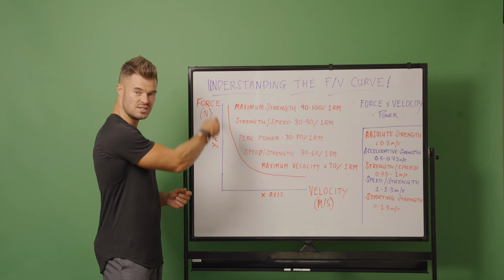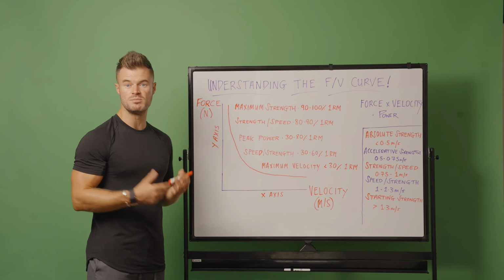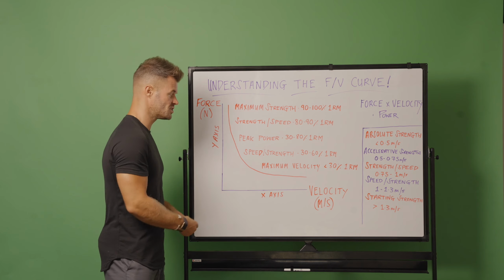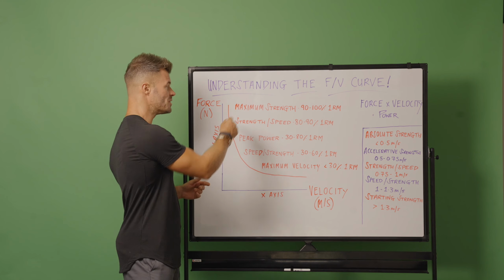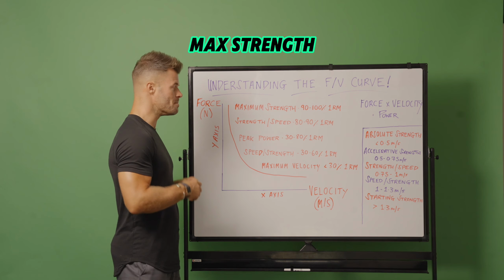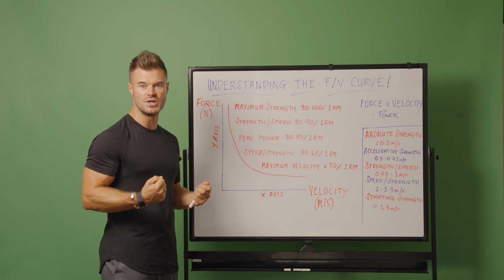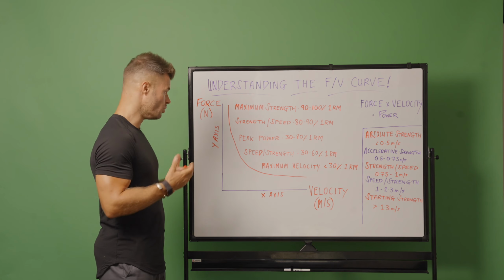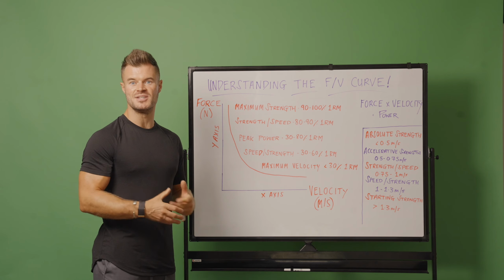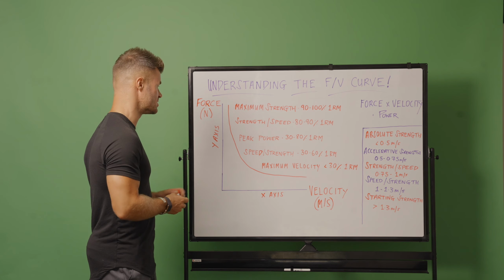So on the left side here, the y-axis, we have force measured in newtons, and on the x-axis down the bottom, we have velocity. At the top, we have max strength, the maximum amount of force you can exert against an object, or sometimes isometrics would be against an immovable object with an overcoming isometric.